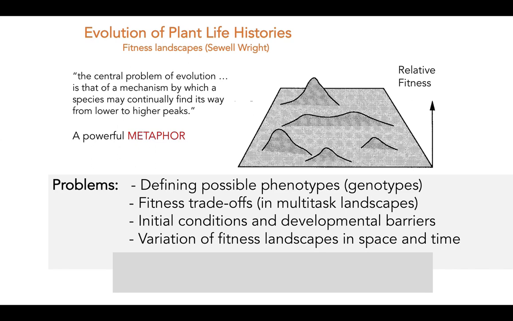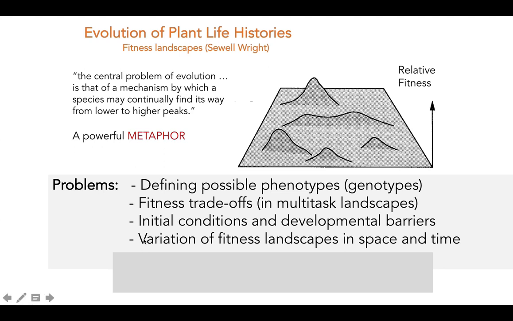And so the problem with thinking about fitness landscapes is how do we define all the possible phenotypes or genotypes? And in terms of fitness trade-offs, evolution by natural selection will act on this life history and ultimately the fitness landscape. And the initial conditions here are going to set the stage for how a population will move across this landscape.